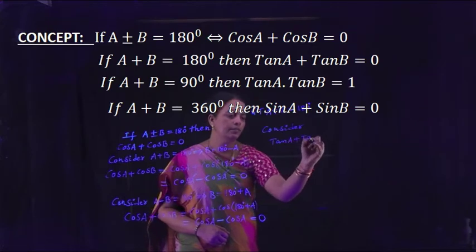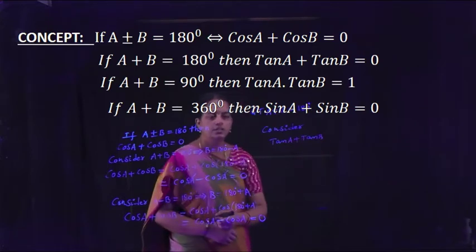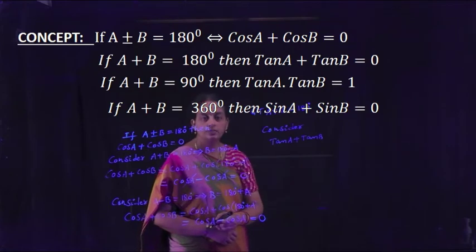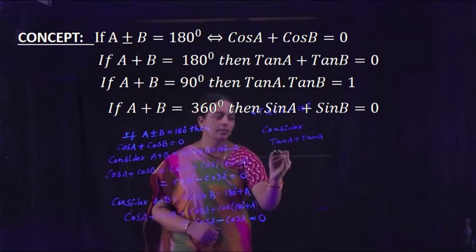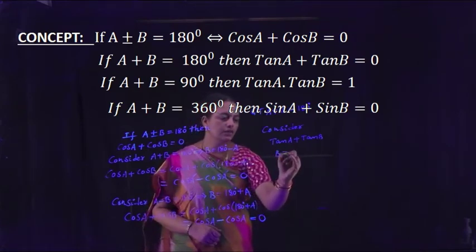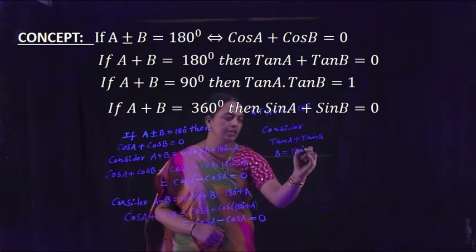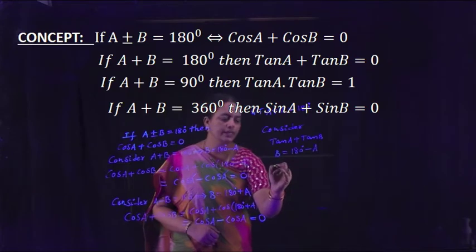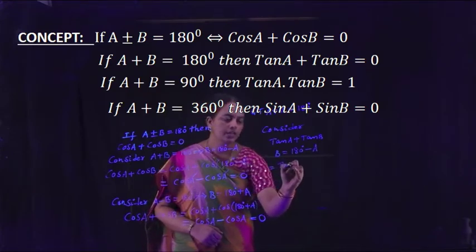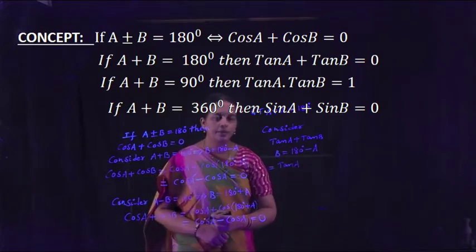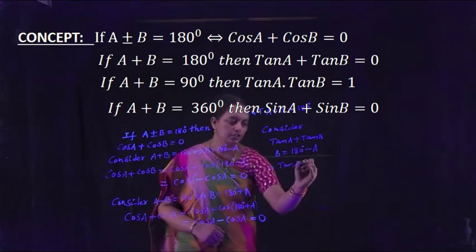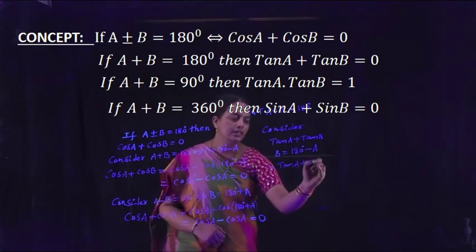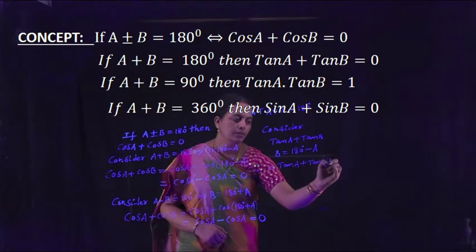Since a plus b equal to 180, that means b is equal to 180 minus a. Substitute this value in place of b.